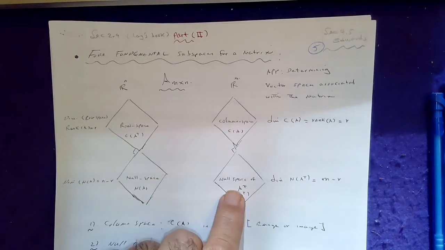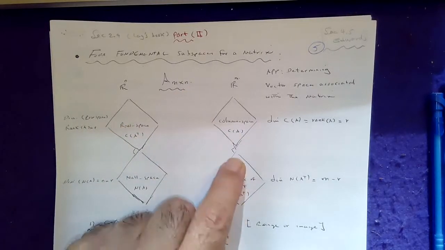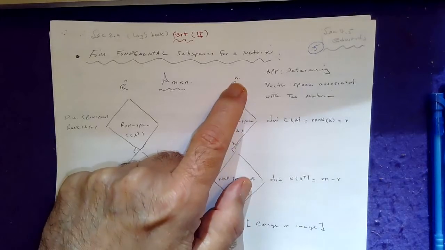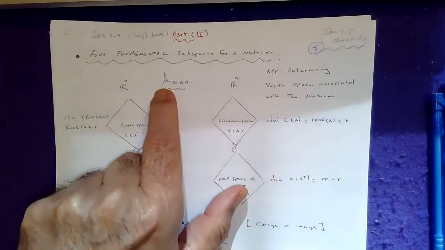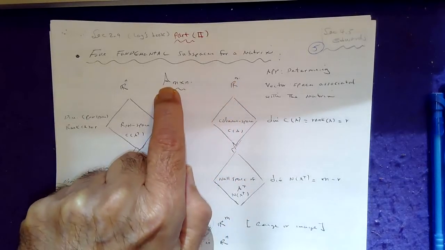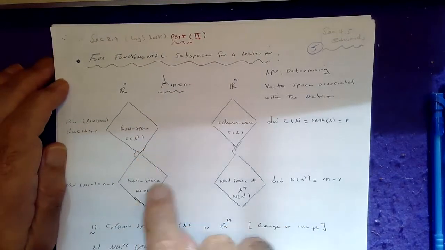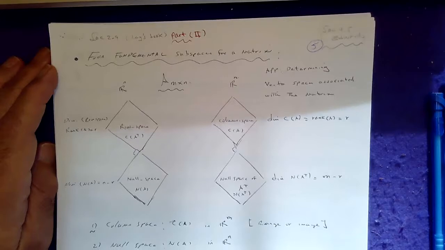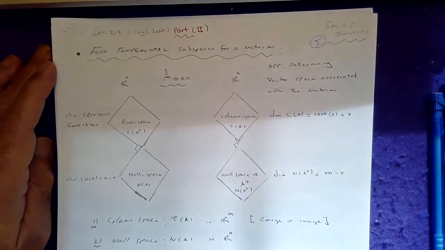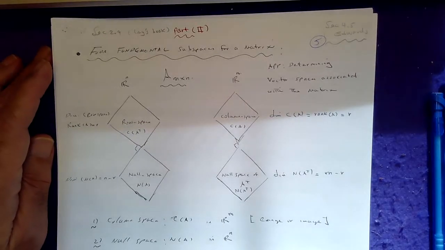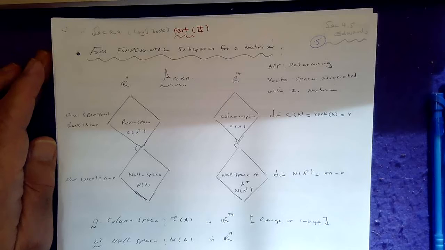Column space and null space of A transpose happen to be subspaces of vector space Rm. M is the number of rows of the matrix A. So these four fundamental subspaces for a matrix are important subspaces.